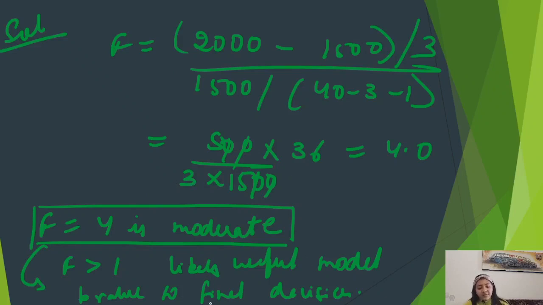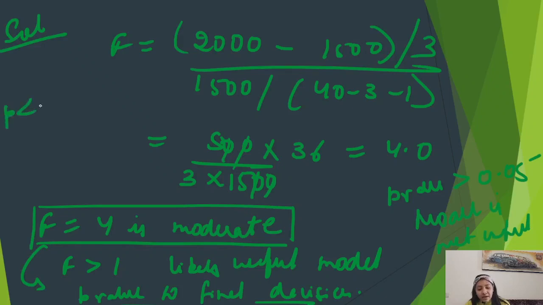But in such cases we also need the p-value in order to make the final decision. So if the p-value is given, on that basis how can we tell? If the p-value of the F-test is greater than 0.05, what does it indicate? Then it indicates that my model is not at all useful. The model is not useful if the p-value is greater than 0.05.